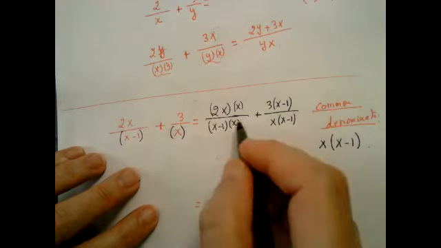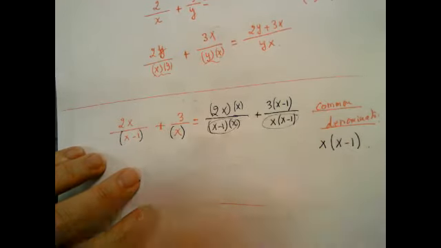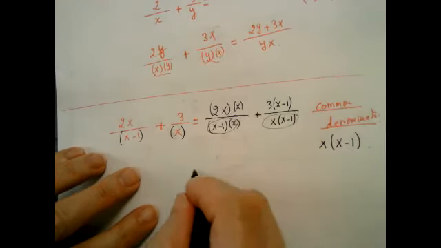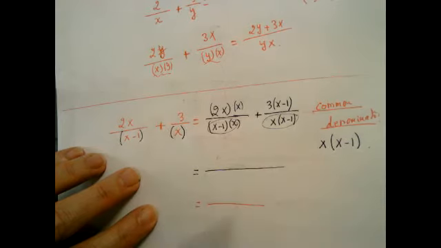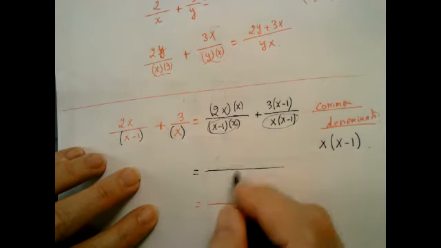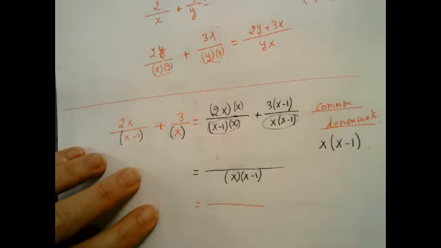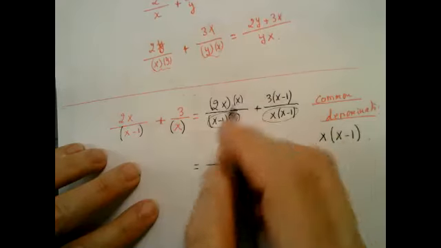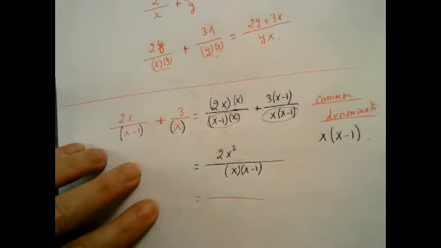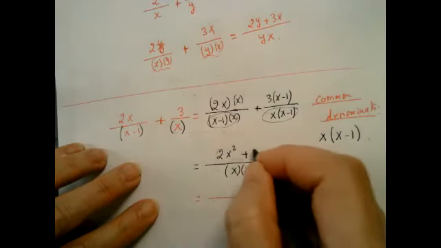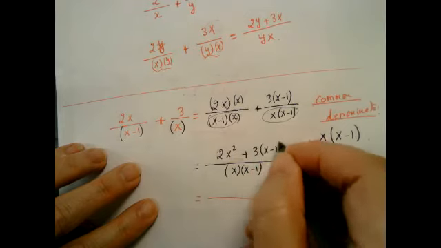Once I have a common denominator, the rest is ready to combine. So now I will combine them. I will have x times x minus 1 in the denominator. In the top, 2x times x is of course 2x squared, plus 3 times x minus 1.